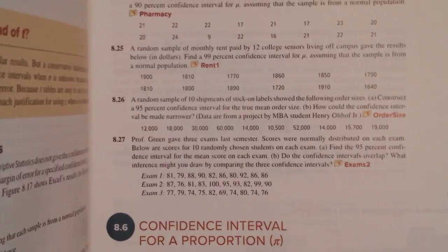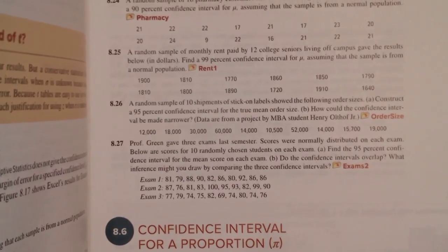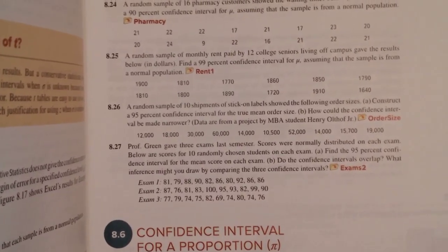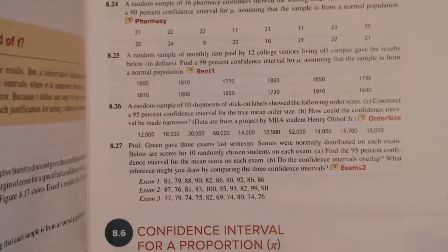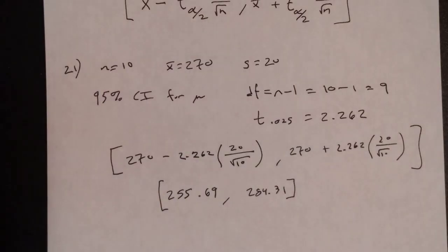But with small numbers, I don't want to use Z. With an unknown standard deviation, I don't want to use Z. I did them in Excel. You can find them on our Canvas page with the Excel files, so you can see how all of those same numbers are generated with Excel commands.